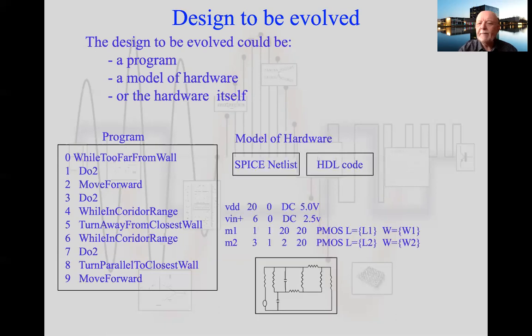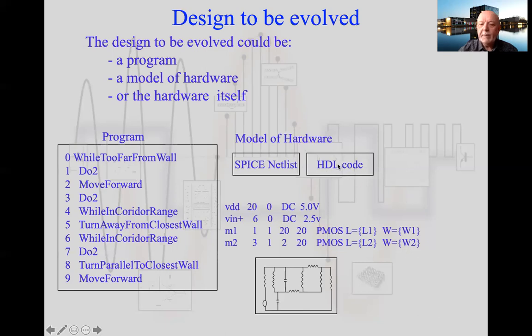The second one is actually having a model of the hardware. So you'll all be familiar with SPICE, if you think back to the first year, and in our case, HDL, VHDL could be Verilog, but I think most of you have come across VHDL in previous years on your course.